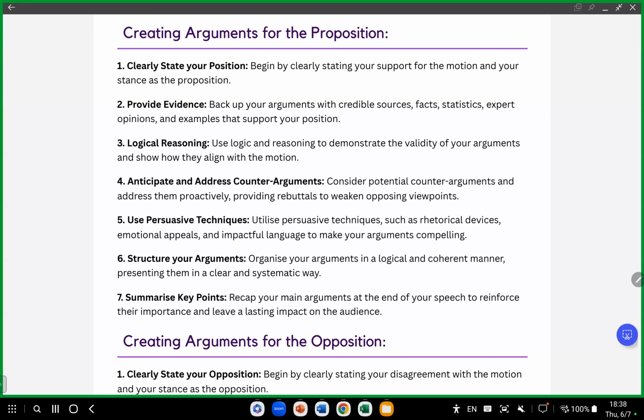And that evidence can be credible sources, facts, statistics, expert opinions, and examples. When we say credible sources, we need to make sure that the information comes from a person or an organization that people are going to listen to and believe.